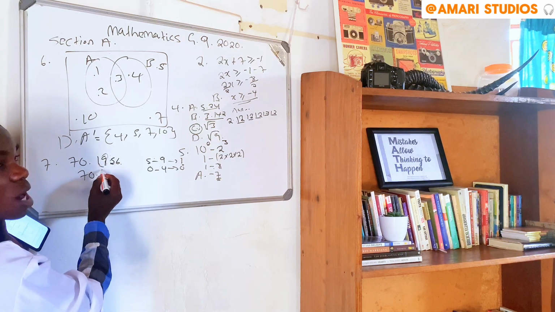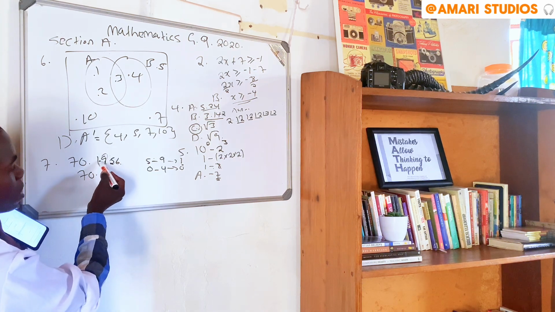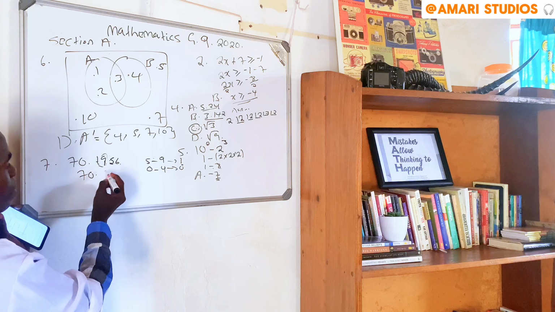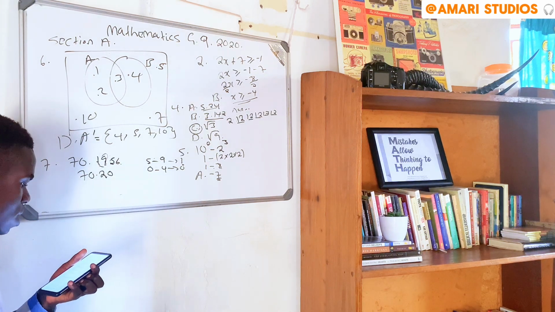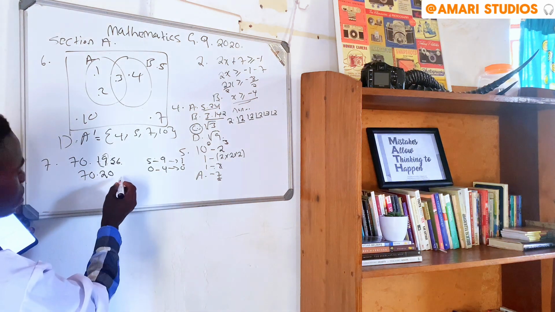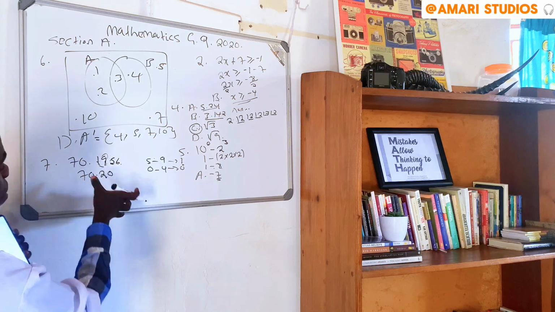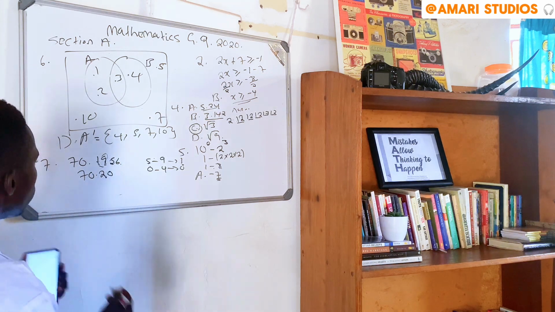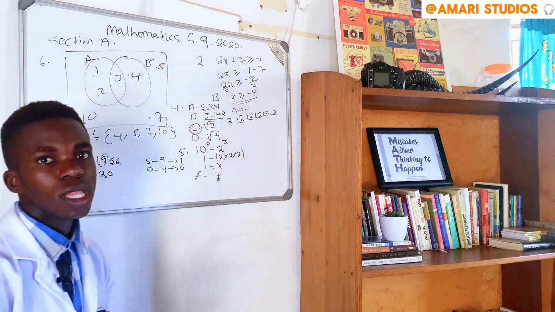You can't write 10 here, so the other 1 you are going to add on the next number, so it's going to be 20. Our final answer is supposed to be 70.20. This is the number corrected to 2 decimal places, and according to our options, the answer was supposed to be option A.